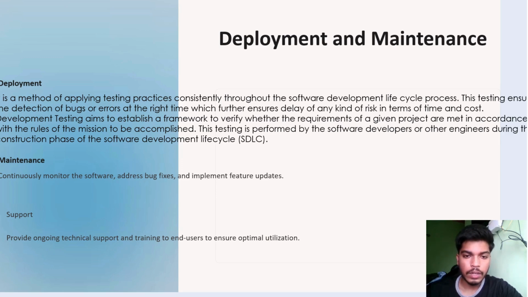Now before that we have to test everything whatever is possible consistently throughout the software development lifecycle process. Like it ensures the detection of bugs and errors, which are fixed in the deployment phase only, because further that it goes directly to the users. Then there is no chance of verification. It avoids the risk in terms of time and cost.